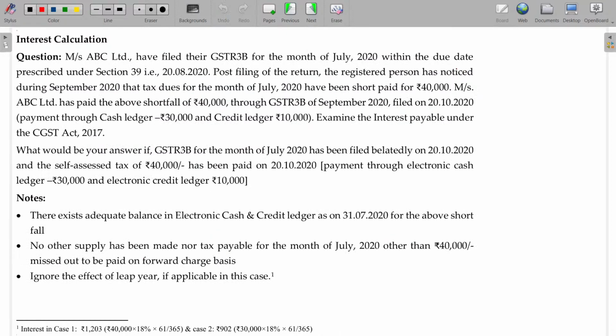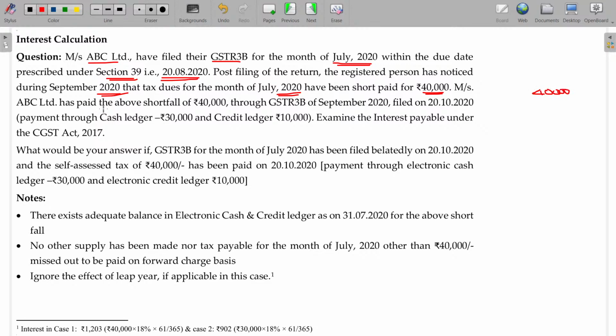Now we'll go for the next one. Mrs. ABC Limited has filed GSTR-3B for the month of July 2020 within the due date prescribed under section 39, 28th August 2020. They have done it properly. Post filing the return, the registered person noticed during September 2020 that the tax dues for the month of July 2020 had been short paid by 40,000.